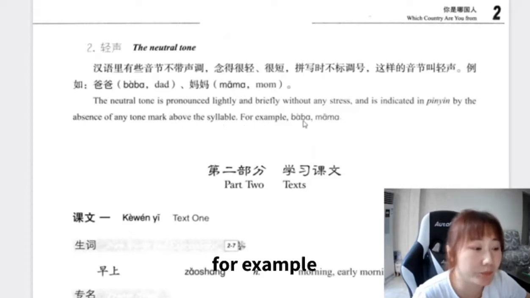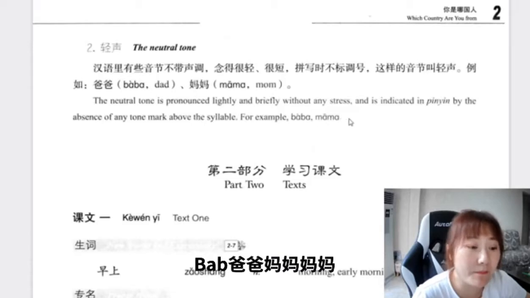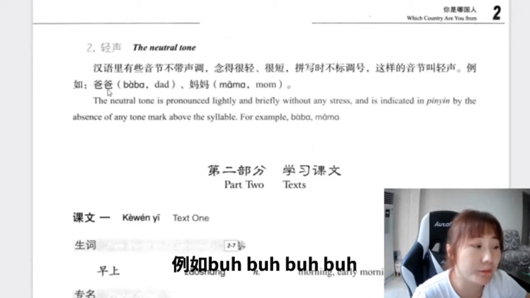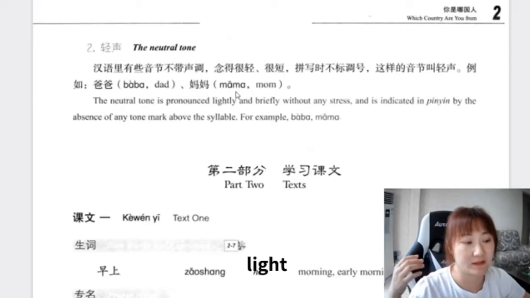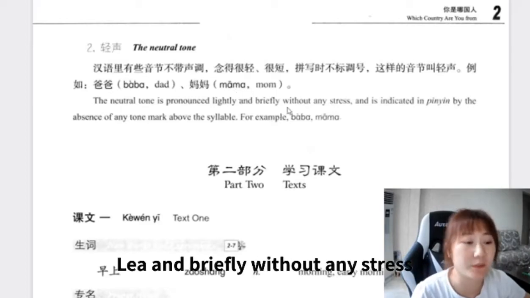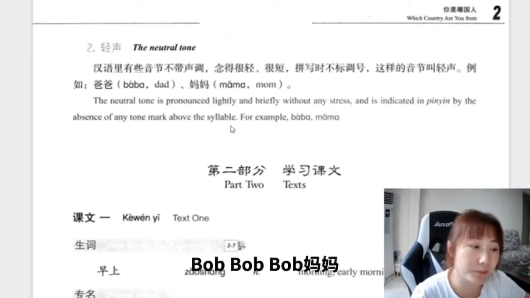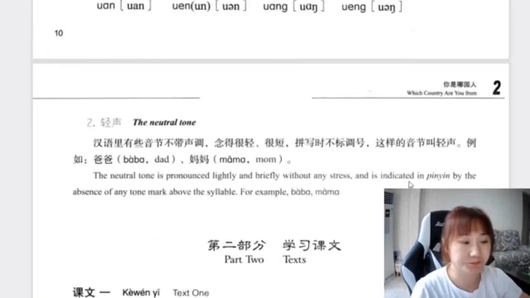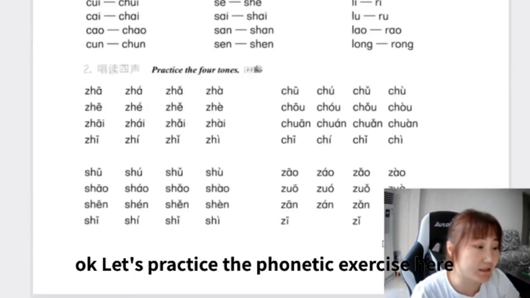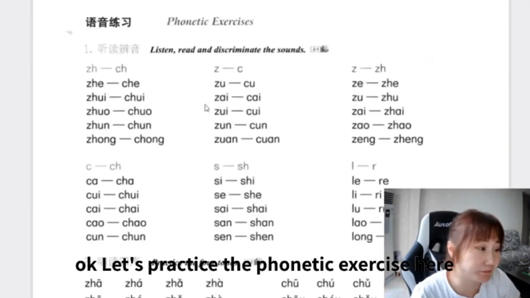For example, 爸爸,妈妈。例如爸爸。And the second one is like lightly and briefly without any stress. 爸爸,妈妈, like this. Okay, let's practice the phonetic exercise here.